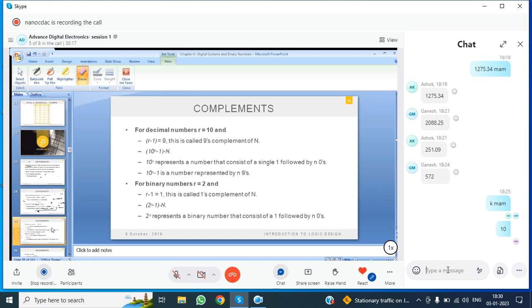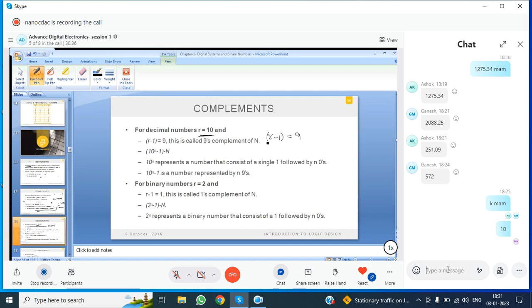Next, let us suppose we take a decimal number. R is equal to 10, so the radix is 10. For the diminished radix complement we take R minus 1, which is equal to 9.